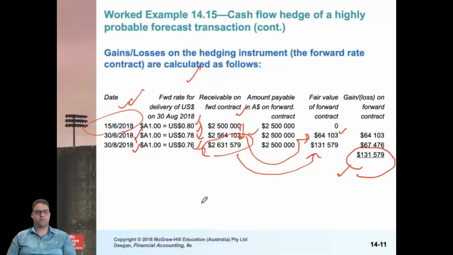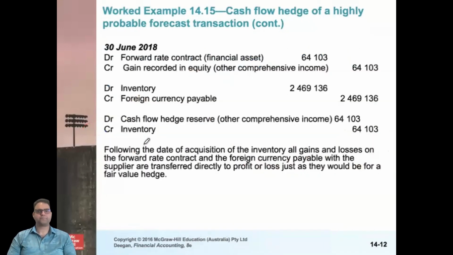On day one, although you are paying 500,000 more, in the end you are getting a gain of 131,579 US dollars, because that will hedge your funds against the future loss. So on that day, it was a good price to enter the forward contract.